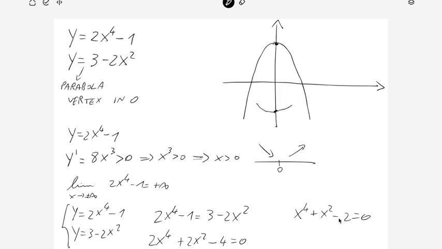Well, this is a biquadratic equation. You can solve it in the way you want, but you can notice that this is equal to x squared plus 2 times x squared minus 1. It is a classic rule, if you don't remember.